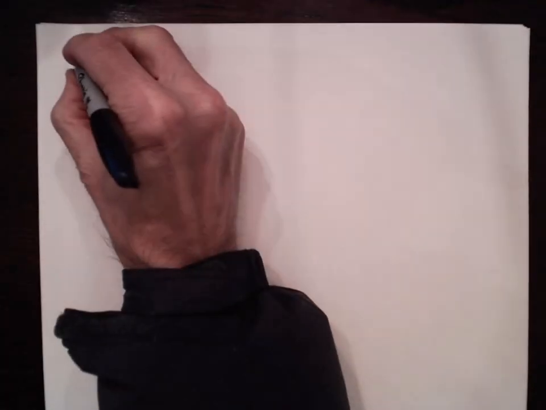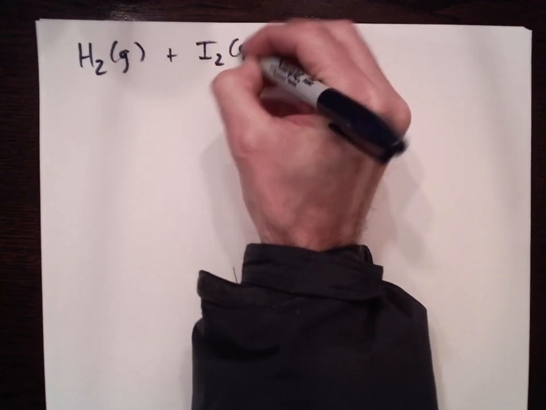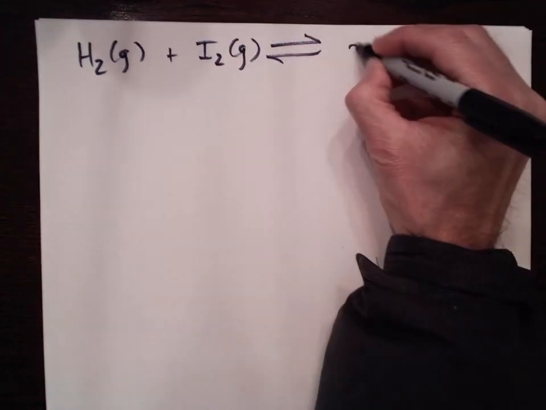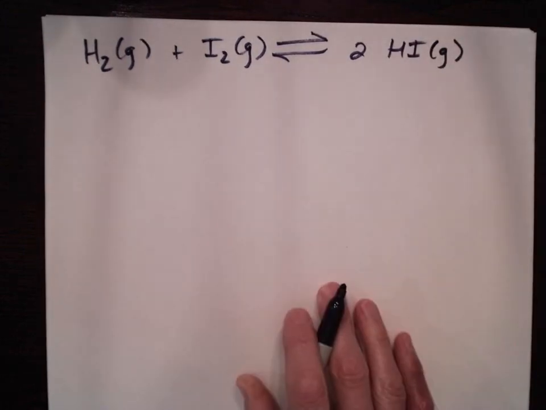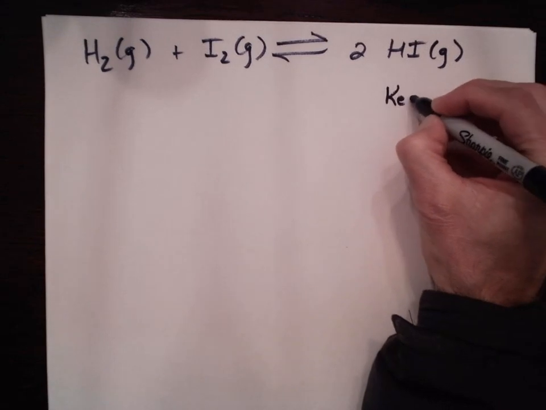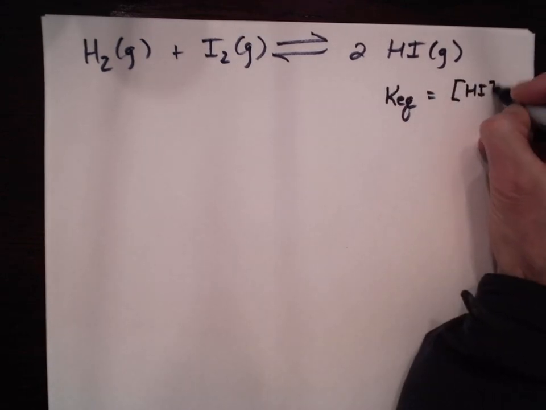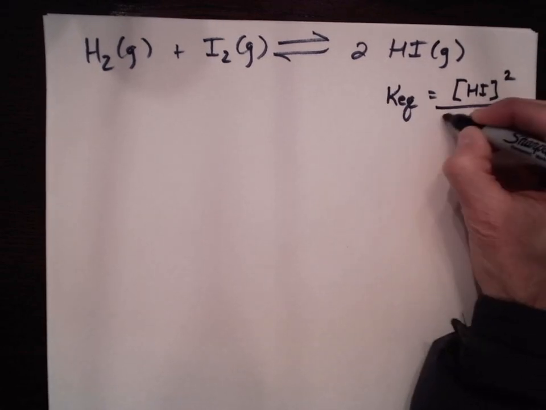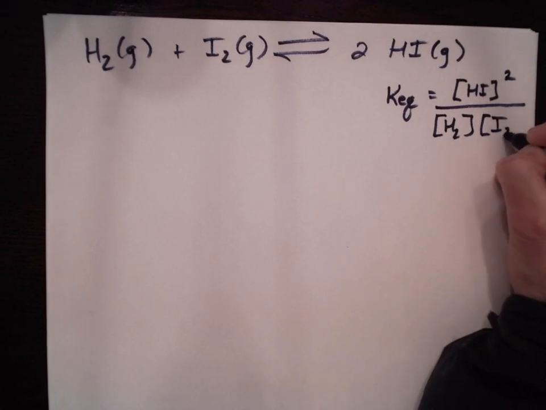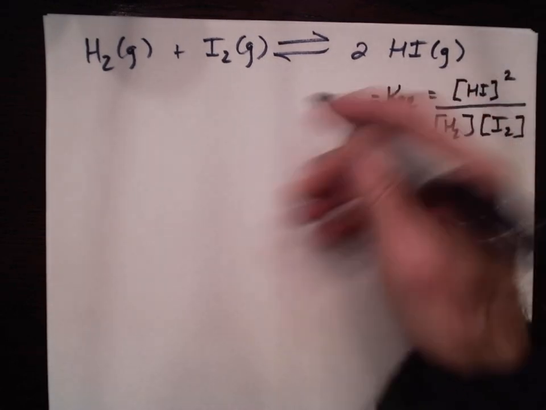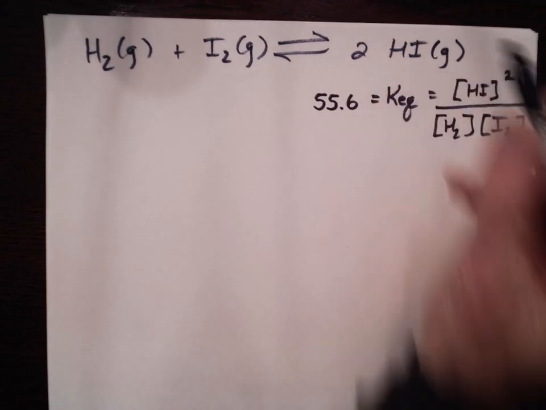So let's take hydrogen gas, this is our reaction, plus iodine gas, reversibly going to 2 moles of hydrogen iodide gas. We know that our value for the equilibrium constant, which is going to be the concentration of HI squared over the concentration of hydrogen gas and also over the concentration of iodine gas at equilibrium, which is when the system's at rest, so to speak, should be 55.6.